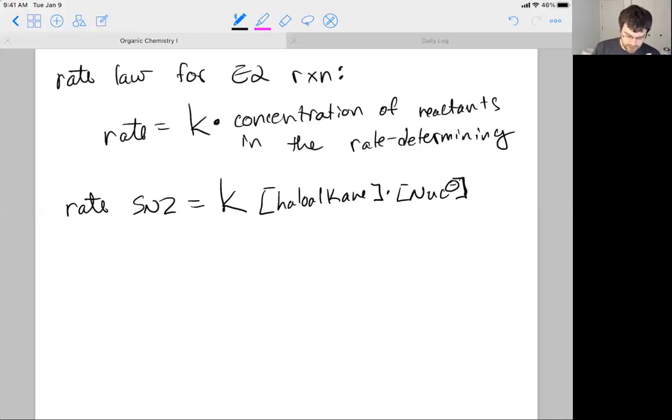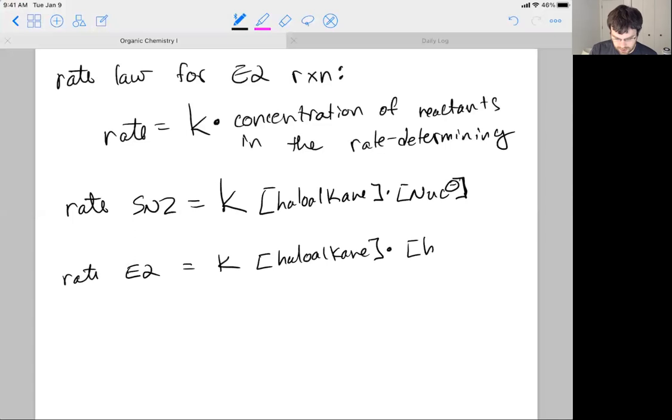The rate for the E2 reaction is very similar. It's equal to k times the haloalkane as a concentration times the base as a concentration. So it's the haloalkane times that negatively charged thing, and this is the rate law.